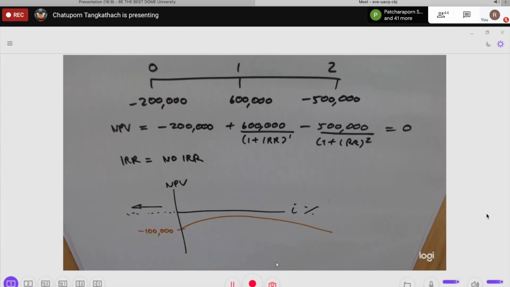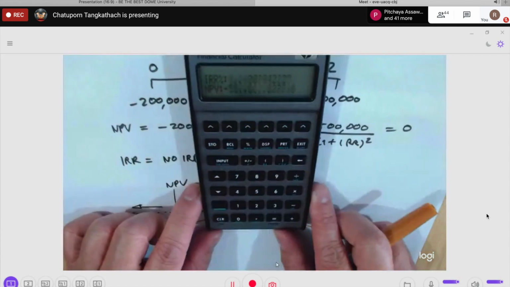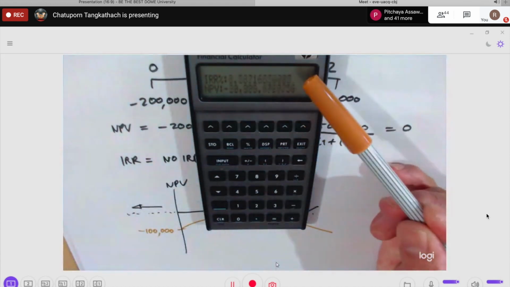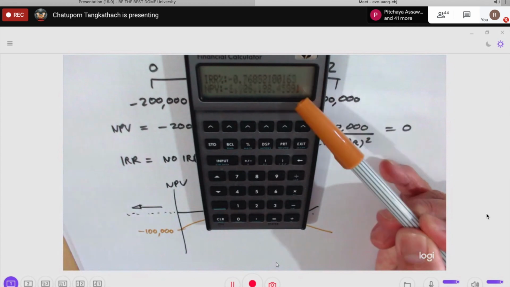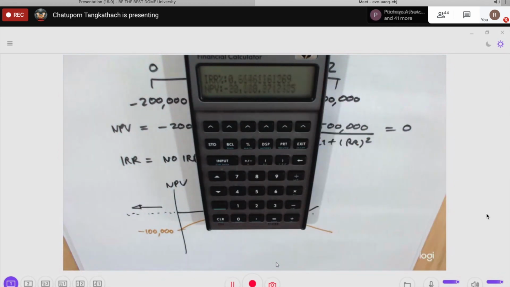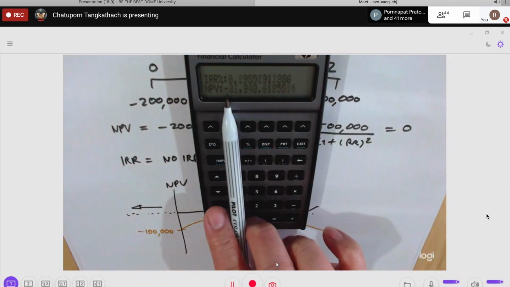Can you explain it again, like why the graph is below the x-axis? Because, remember my calculator, when I asked it to calculate IRR. You may notice that whatever rate it tries on the first row, on the second row, all the answers turn out to be negative.